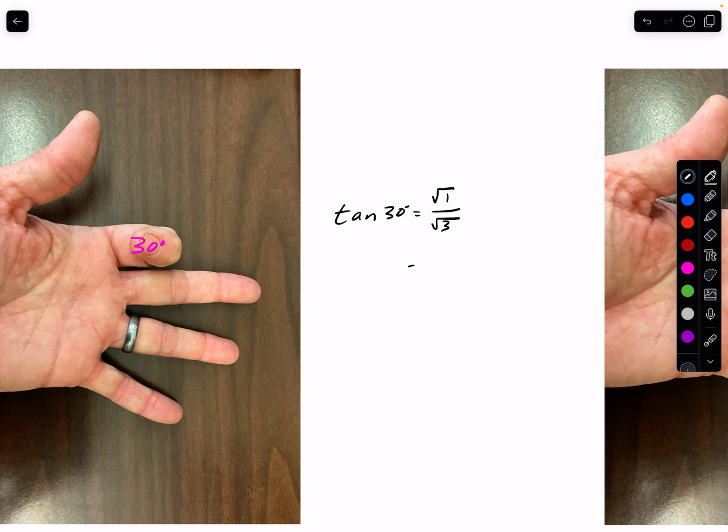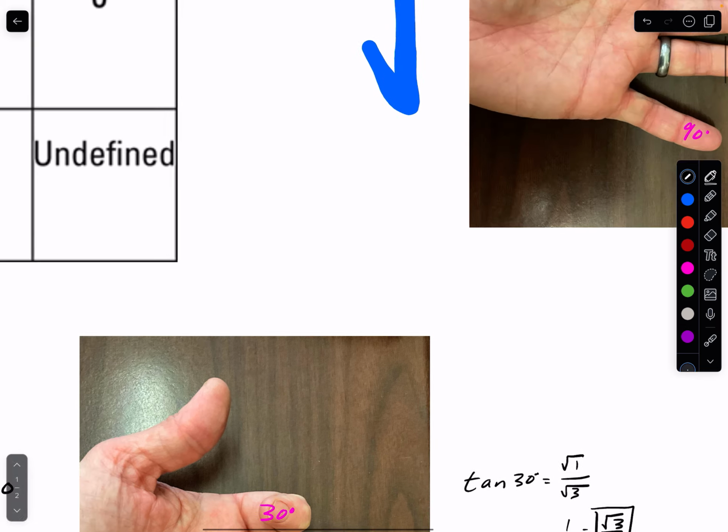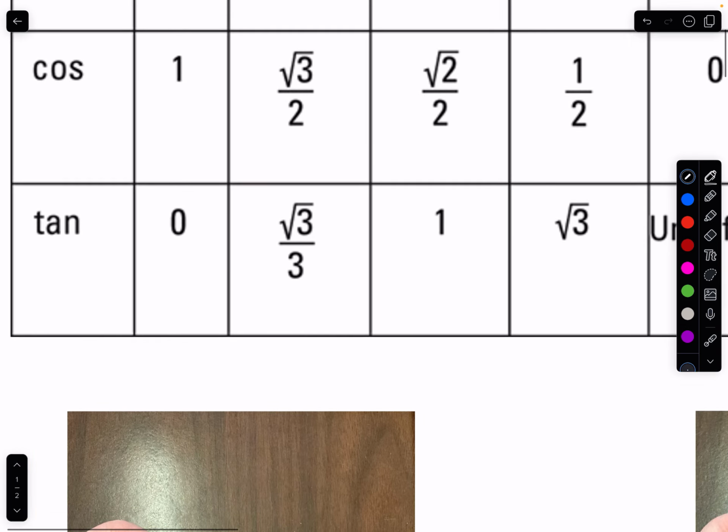Now this can simplify to 1 over radical 3, but remember, we do not want to have an irrational number in the denominator of our fraction. So we're going to rationalize the denominator by doing radical 3 over 3. So the tangent of 30 degrees is radical 3 over 3, and you can see it matches up with what we have over here in our table.